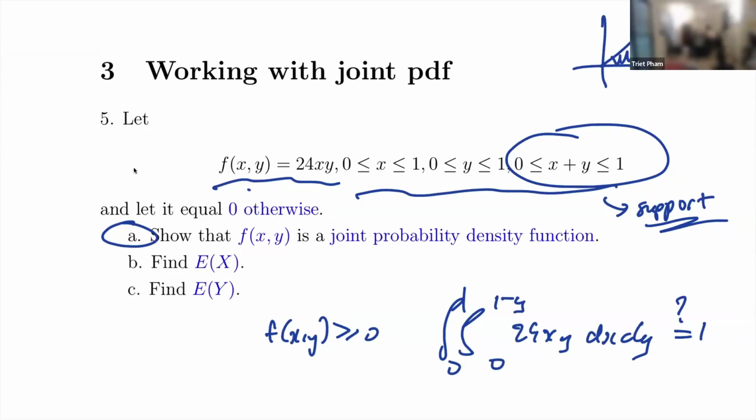Wait, x is 1 minus y, so y equals 1 minus x, so it's not that. Y equals 1 minus x, this one. Yeah, see? It's this region.